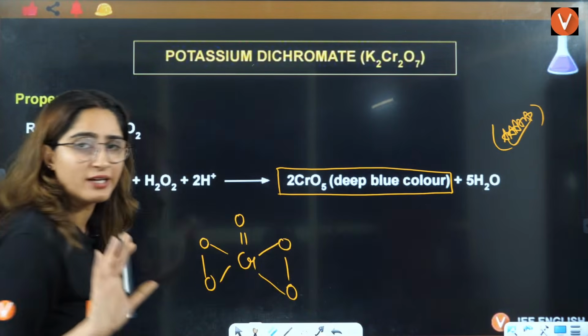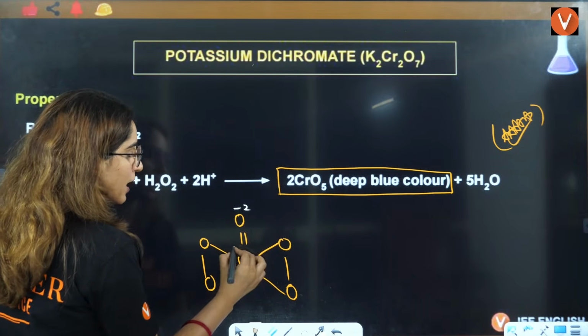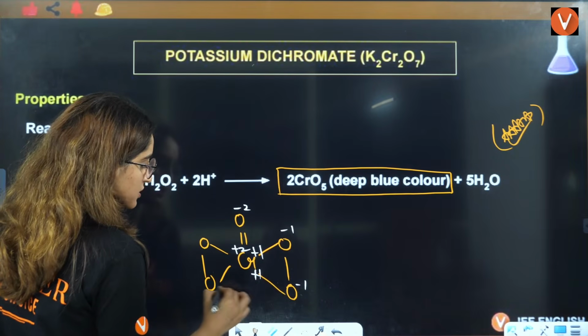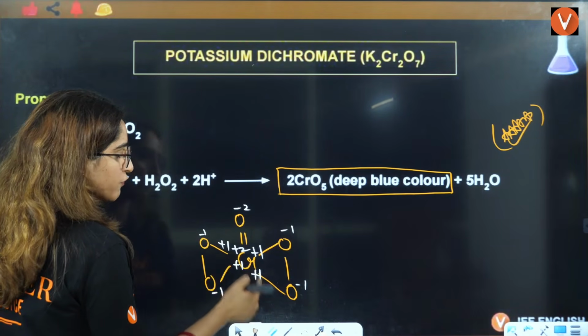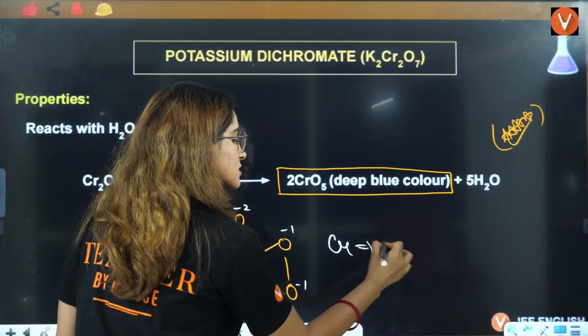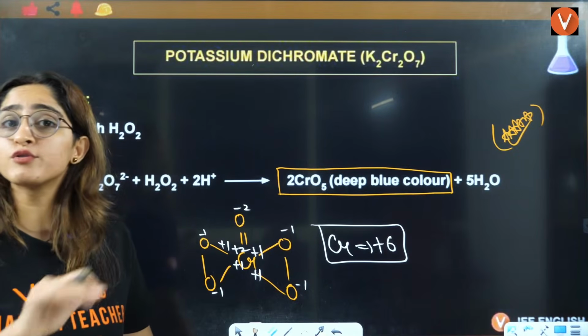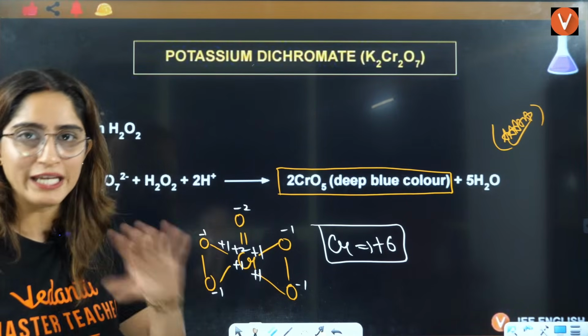Those who have already done redox reactions can understand this. Double bond means this is -2, this is +2. This is -1, +1. This is -1, +1. This is -1, +1. It's -1, +1. So it is 2, 3, 4, 5, 6. So Cr is existing in the +6 oxidation state here. Those who have not done redox reactions yet won't be able to understand this, so leave it here.